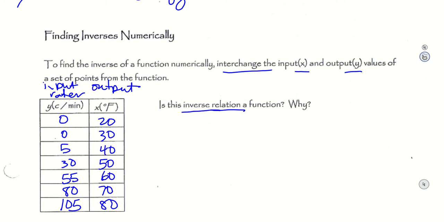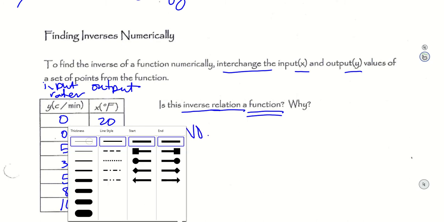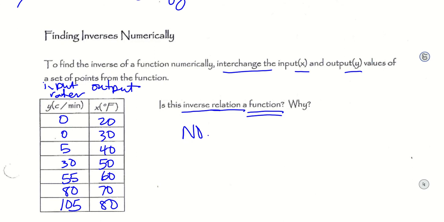And the question is, is this a function? And the answer is no. And the reason the answer is no is because we can see in these two sets of points that for the same x, which is repeated here, we have two different y's, two different outputs. These are different.